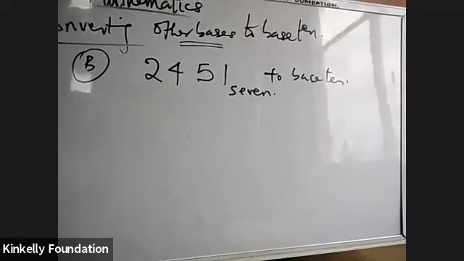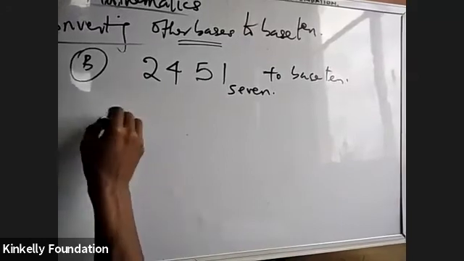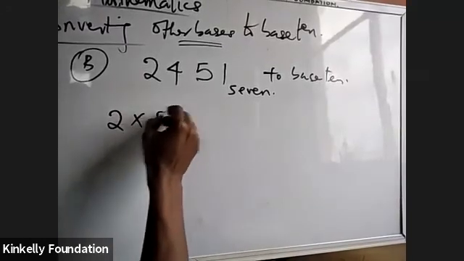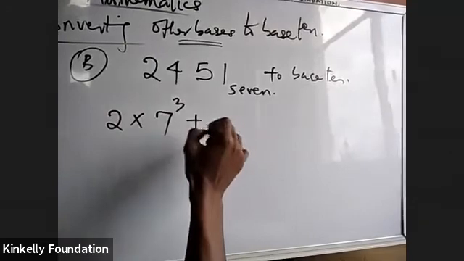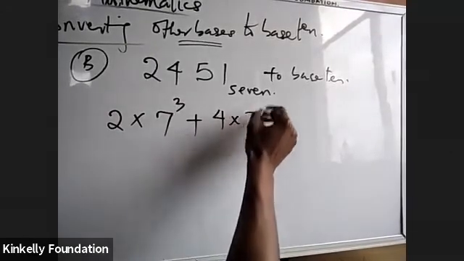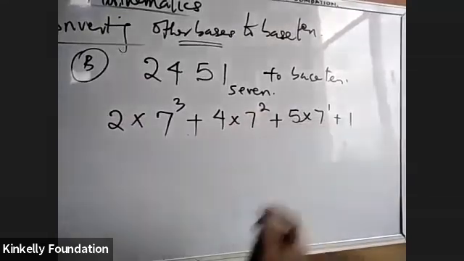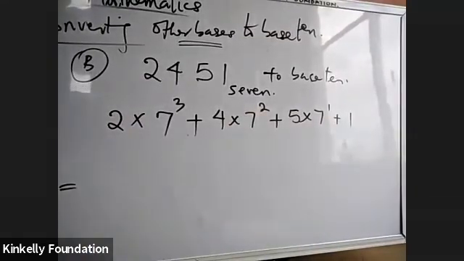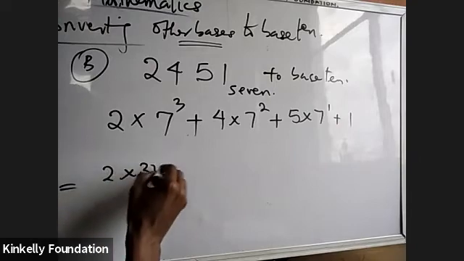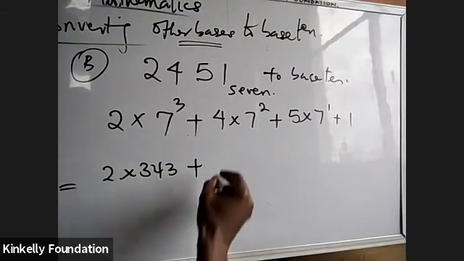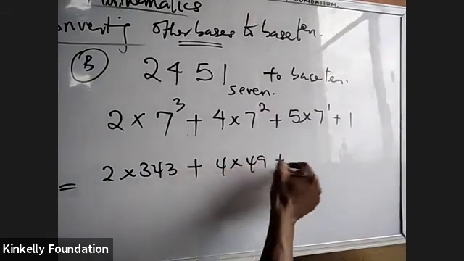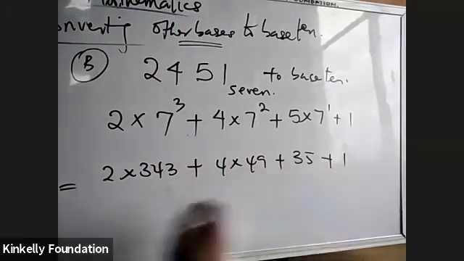Let us use the second method to confirm this. 2 times 7 raised to power 3 plus 4 times 7 raised to power 2 plus 5 times 7 raised to power 1 plus 1. Now you know that 7 raised to power 3 is the same thing as 343. 2 times 343 plus 4 times 49 plus 35 plus 1.